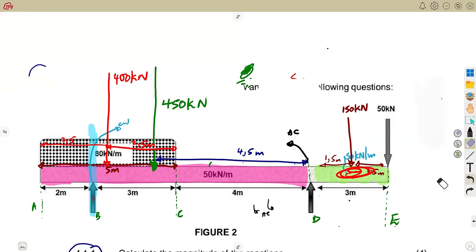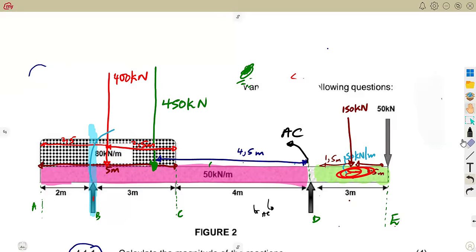These ones, they are going to change their directions, guys. Remember, there it has also changed. We are no longer considering this. We are considering D back to B. That is anti-clockwise.